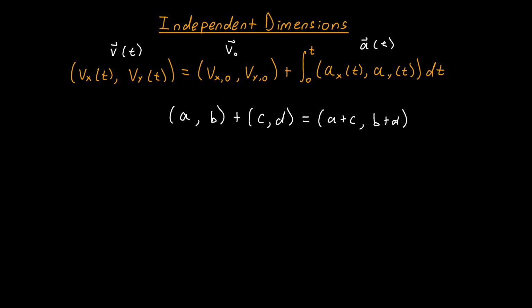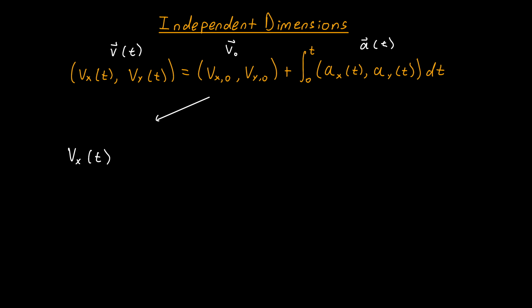What that means is that this simple equation that we have for the vector form of kinematics can be broken down into two separate equations, one for each dimension. The first equation that we get is that Vx of t is equal to Vx0 plus the integral from 0 to t of ax of t dt.